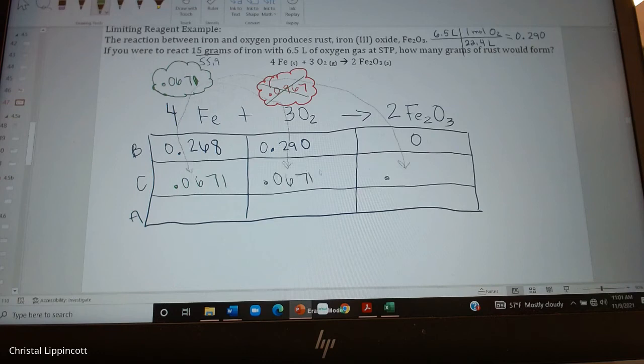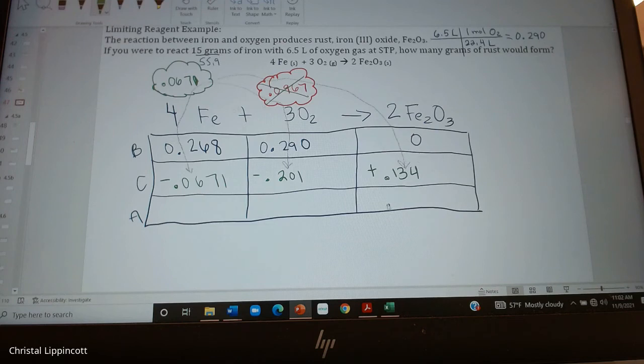Oh, shoot, I screwed up. Okay. These are going to be plussed on this side, and we're going to be subtracting on this side because we're using these materials to make these materials.